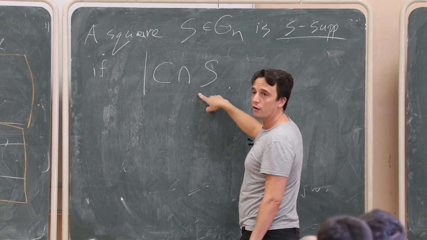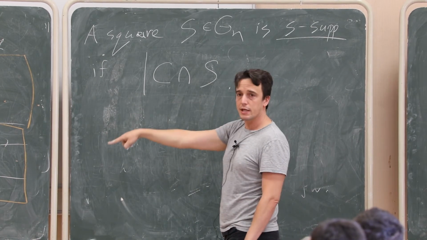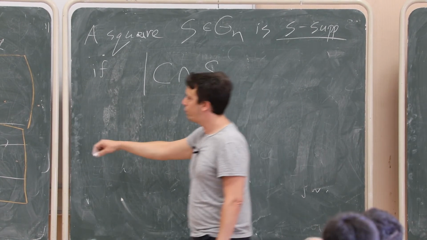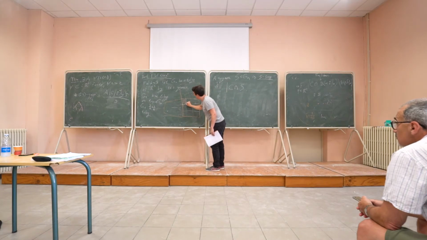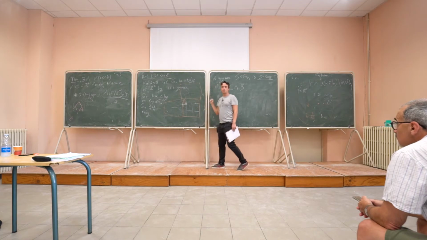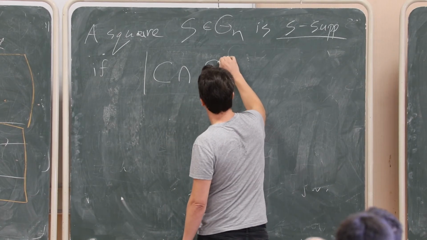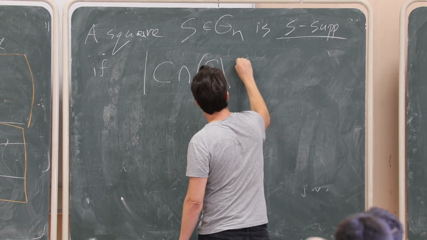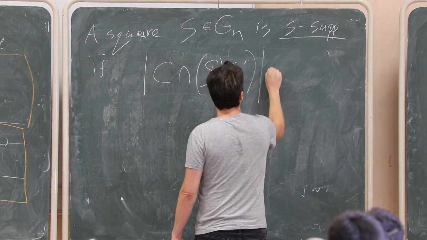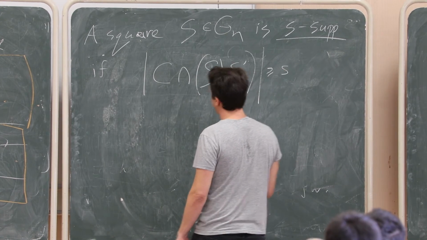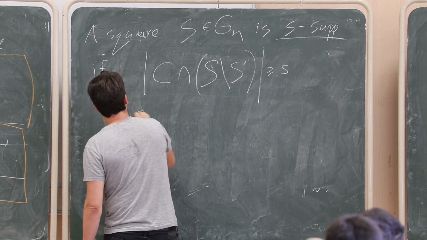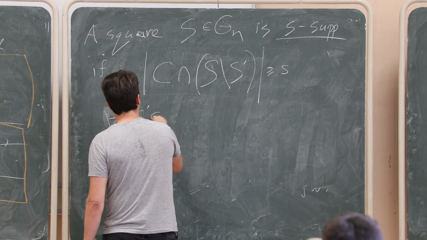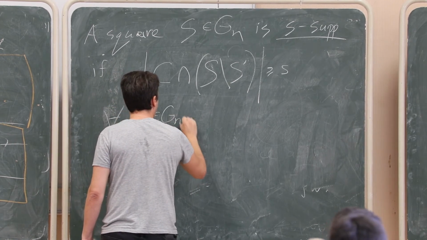So we want the square to have many points inside, but not only many points, also if we erase any one of the squares below it. So if the size of C intersection with S minus S prime is bigger than little s for any S prime that belongs to Gn minus 1.